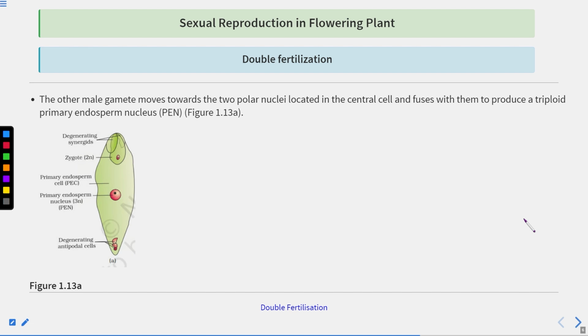Now let's talk about the other male gamete. The other male gamete moves towards the 2 polar nuclei, which are located in the central cell, and fuses with them to produce a triploid primary endosperm nucleus, or PEN. So let's talk about the second male gamete. The second male gamete is also haploid.